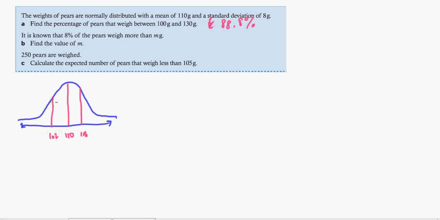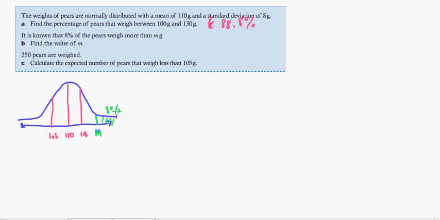Now this is the only type that's even a little bit tricky on these. It is known that 8% weigh more than m grams. What they're saying is that there's a value m right here, and that 8% weigh more.